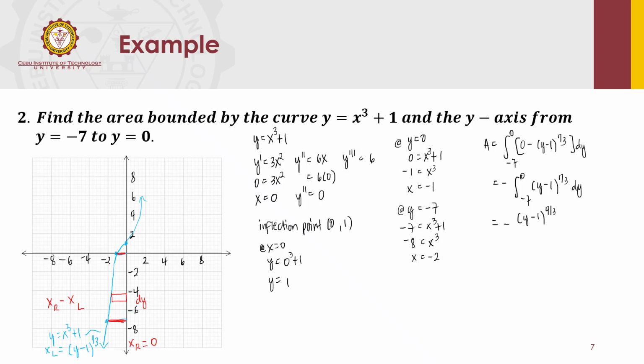Okay, so it's u to the power of 4/3 over 4/3. So we evaluate from -7 to 0. Or that's -3 over 4, and then y minus 1 raised to the power of 4/3 from -7 to 0.